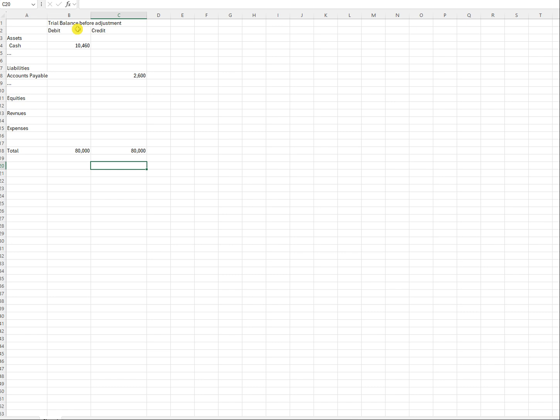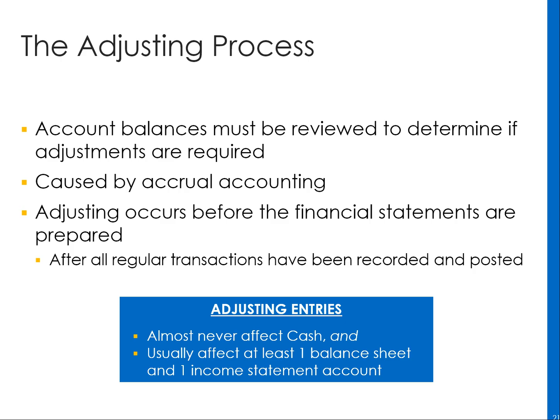Then I finish this trial balance. If the total debit is different from the total credit, either you have posted a wrong number or you need to check the journal entry. Something must be wrong. So this is the idea of the trial balance. It's going to help you check the results. Next, we're going to spend some time on the adjusting process, which is very important and could be more difficult.